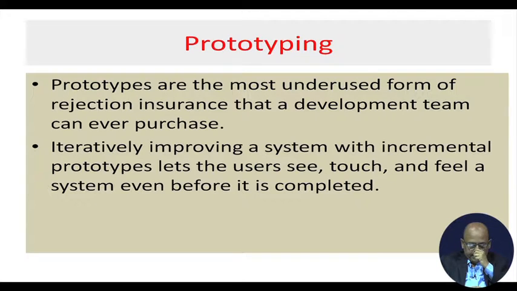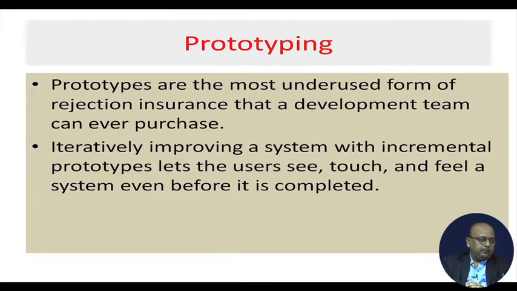Now, if you look at prototyping, prototypes are basically what? It is nothing else but a kind of raw document which tells you that okay, these are the things which are going to be included in a KM system. Now, it says prototypes are the most underused form of rejection insurance that a development team can ever purchase.